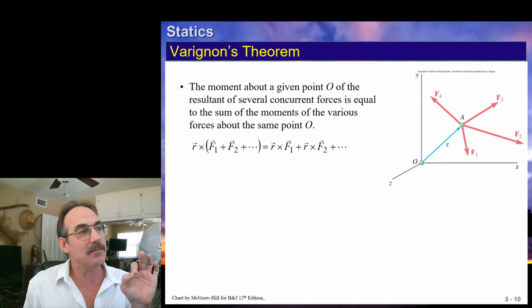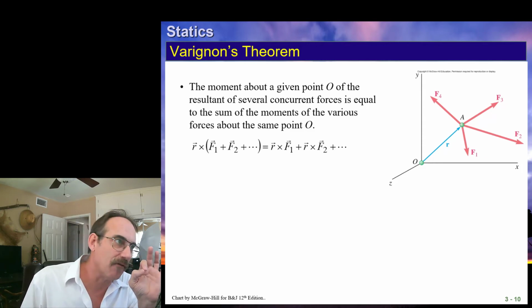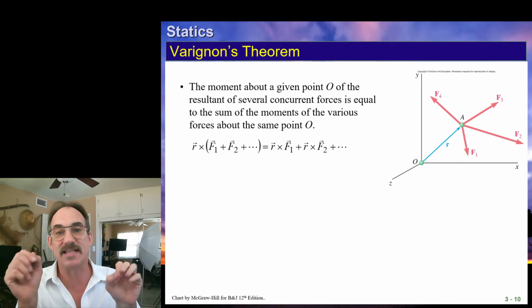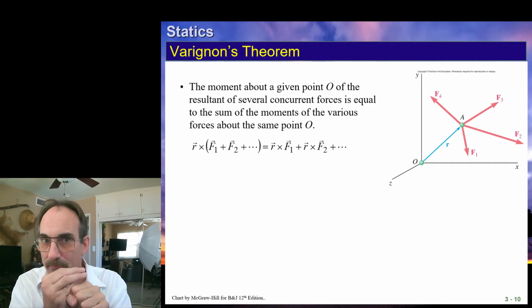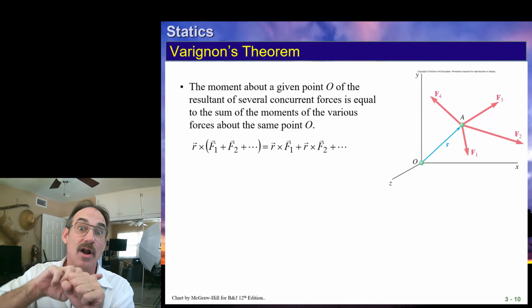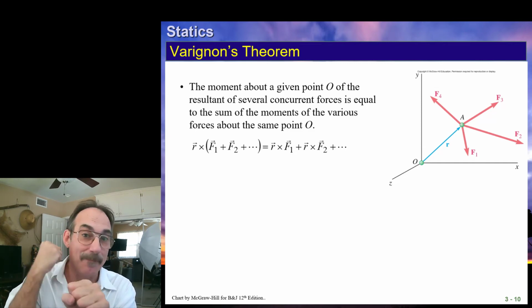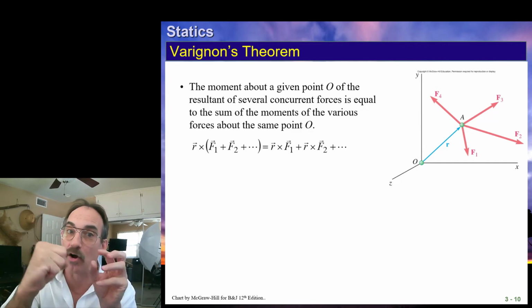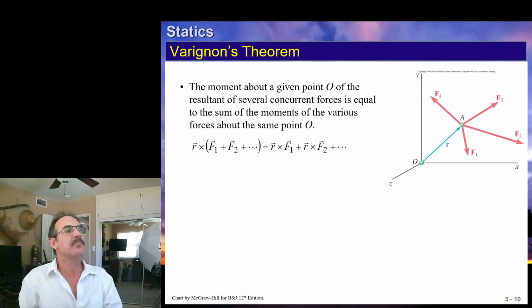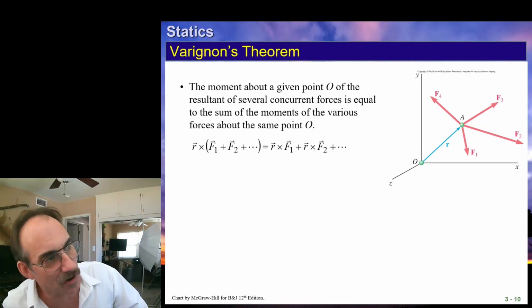He says, the moment about a given point O of the resultant of several concurrent forces, concurrent meaning they all go through the same point, not the same direction, is equal to the sum of the moments of the various forces about the point.